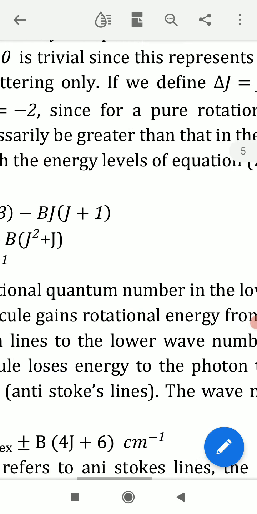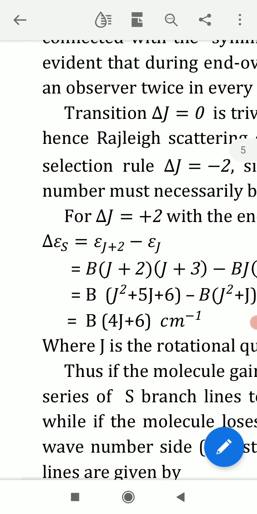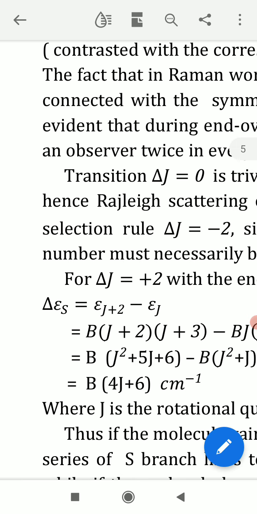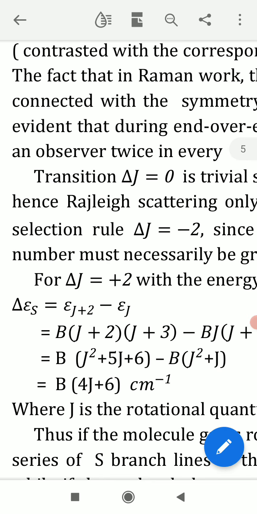with the energy levels of equation 2 we have delta E, where delta E is change in energy. For this transition, when delta J is plus 2, the change in energy delta E is equal to E(J plus 2) minus EJ.